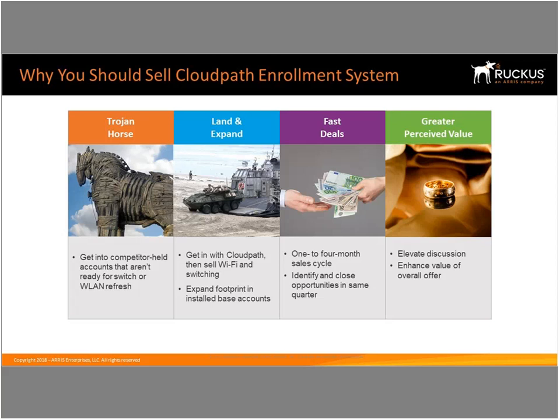In addition, when you have a greenfield account, you do want to sell a solution which has a greater perceived value. An individual product versus an entire end-to-end solution has a greater perceived value, and that elevates the discussion from speeds and feeds to the overall solution that we are positioning.